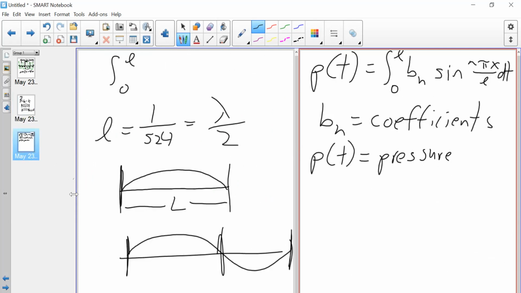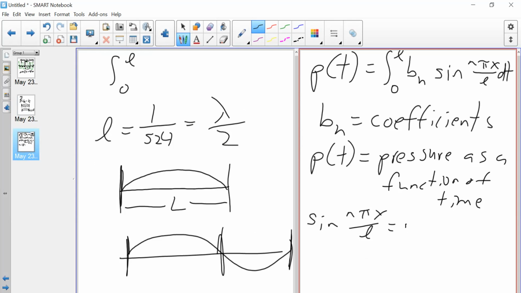Okay, so this would be pressure as a function of time. And then this sine n pi x over L is the actual wave function, which we'd have to solve for. You know, just think of a mass on a spring. We can solve for this, and there's a reason for this form.